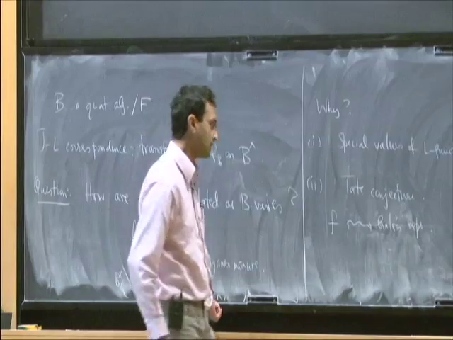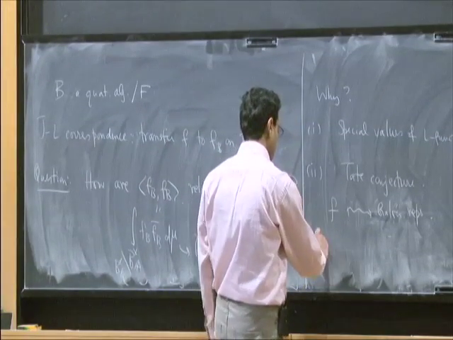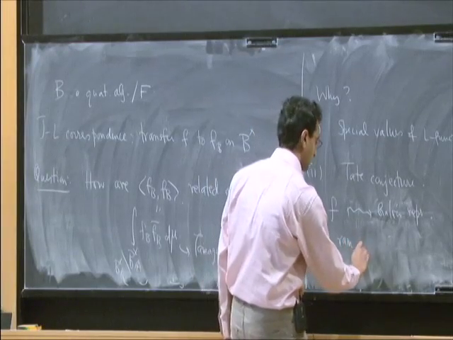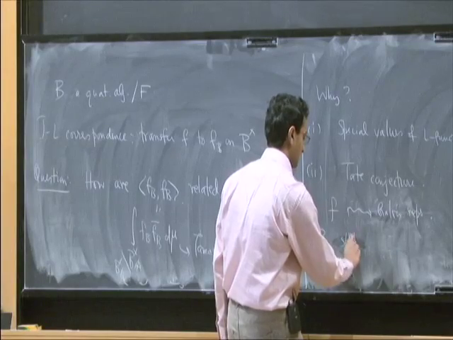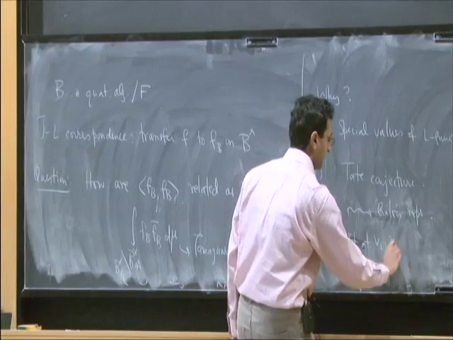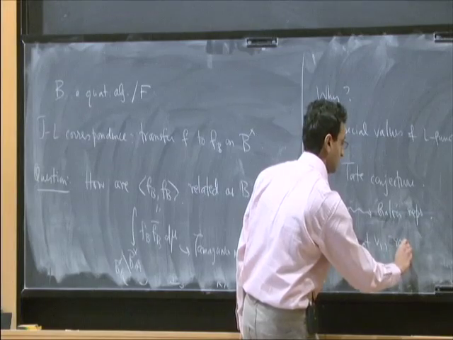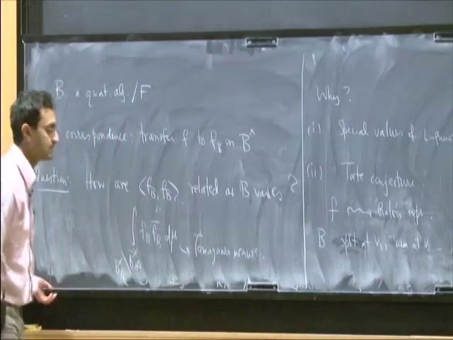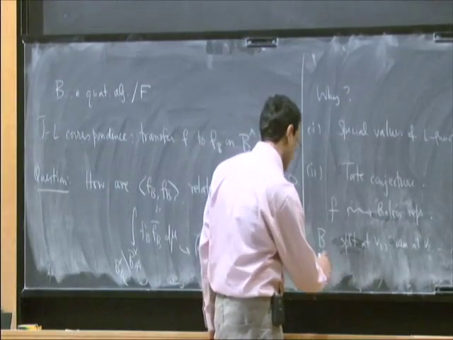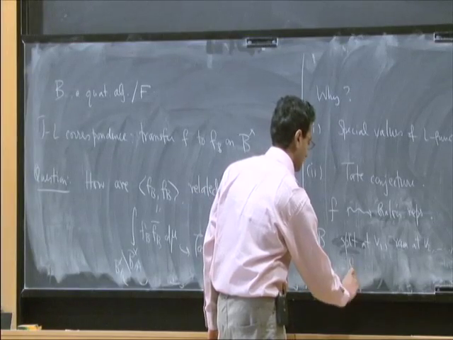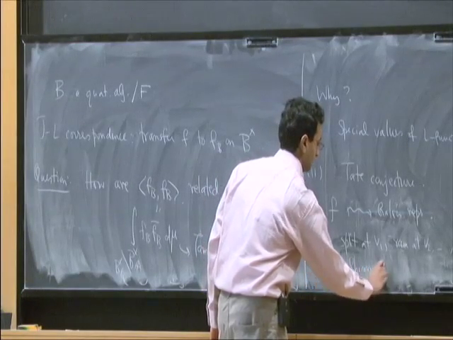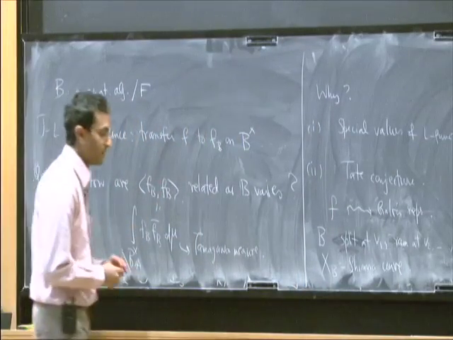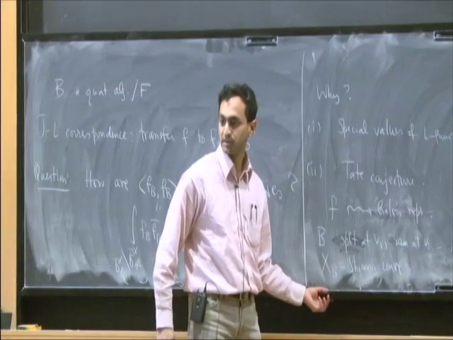And one way to construct a two-dimensional Galois representation is to take a quaternion algebra B which is split at v1 and ramified at v2 through vd, where v1 through vd are the infinite places, and then take a Shimura curve associated with this. And if such a quaternion algebra existed, then you would be able to construct the Galois representation in the cohomology of that Shimura curve.